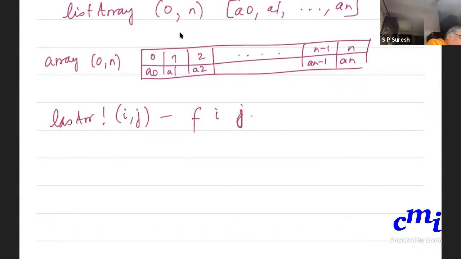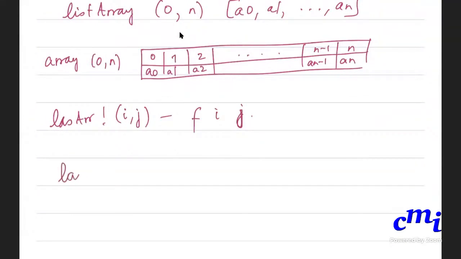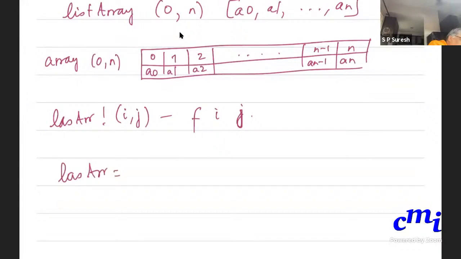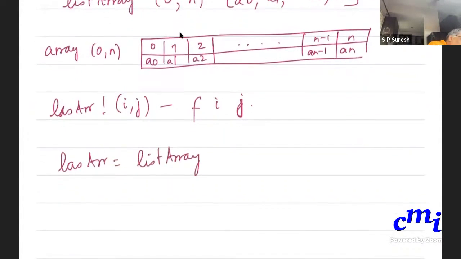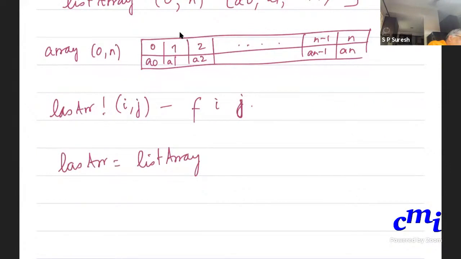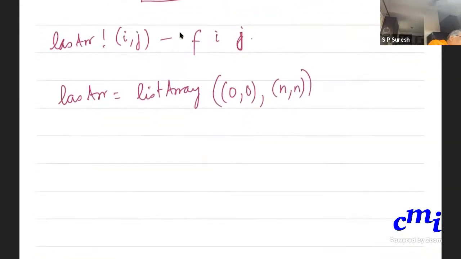So what will happen if, for instance, by mistake I gave LAS array equals list array of something, and then in the list I gave something else.